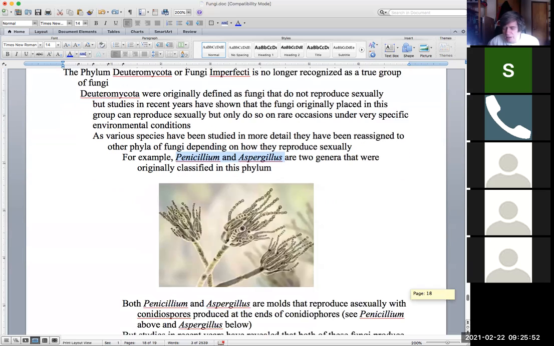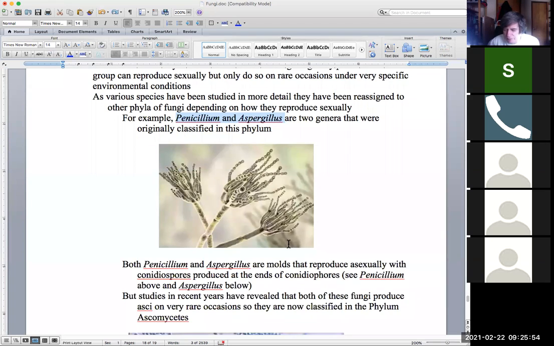So if we look at Penicillium, they both have similar structures. They both have a hypha leading up to their spores, and this hypha is called a conidiophore. Remember when we talked about sporangiophores earlier, we said that the -phore ending means a hypha that holds spores.